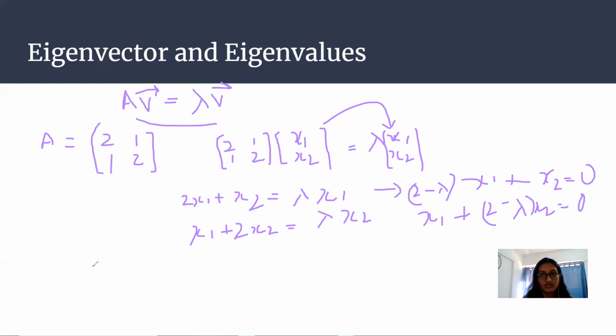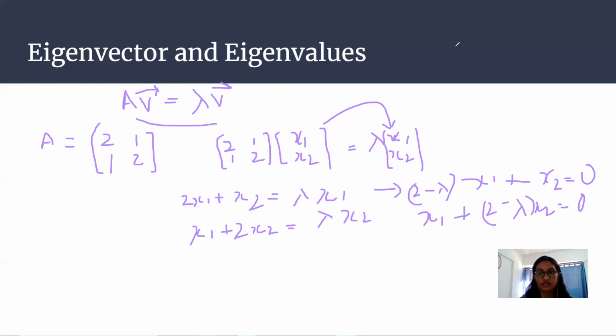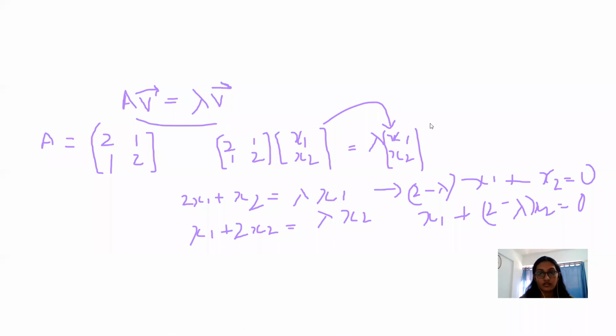Now let us take this in the matrix form. This can be represented in the form of [2 minus lambda, 1; 1, 2 minus lambda]. I hope that you are getting the stuff that we are doing over here.